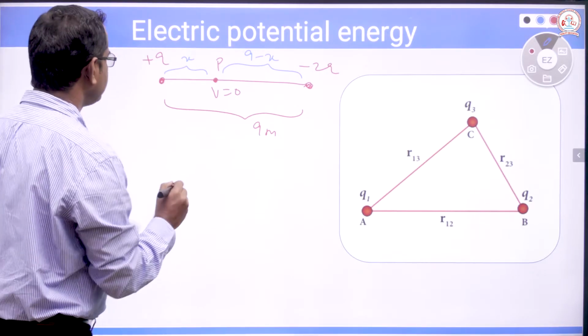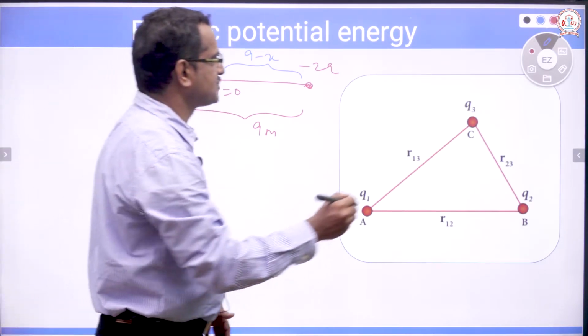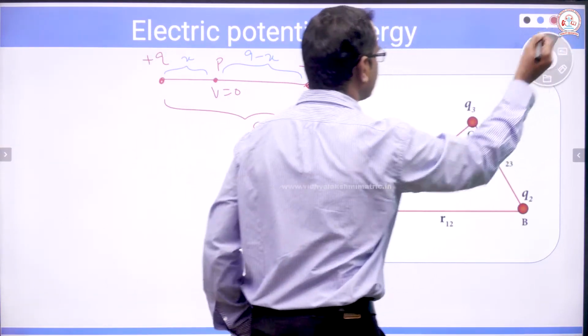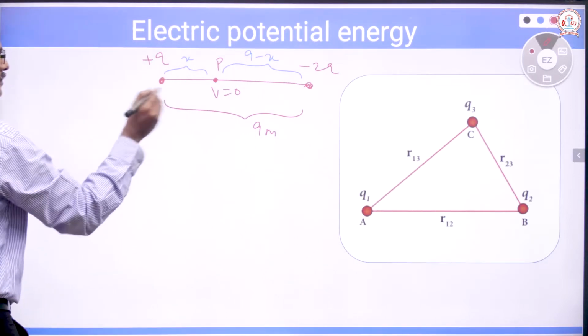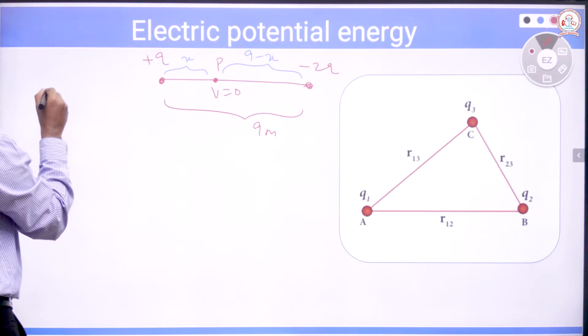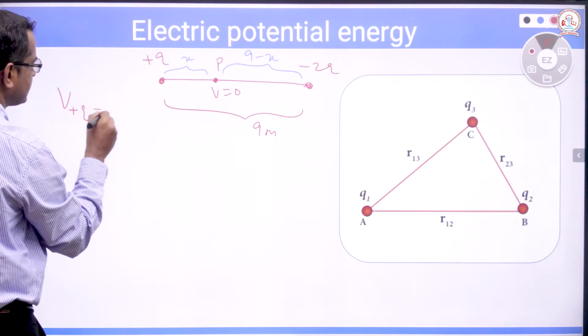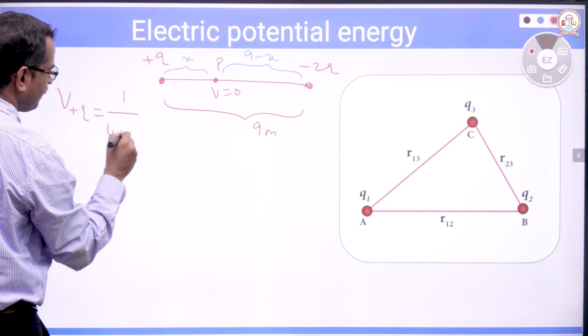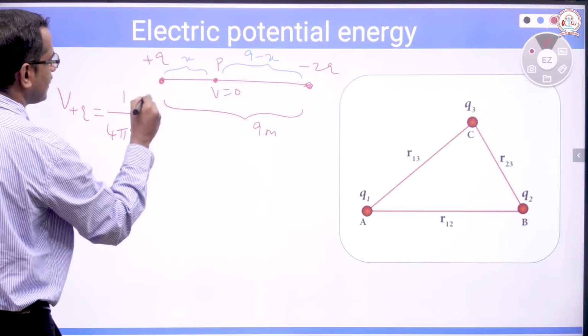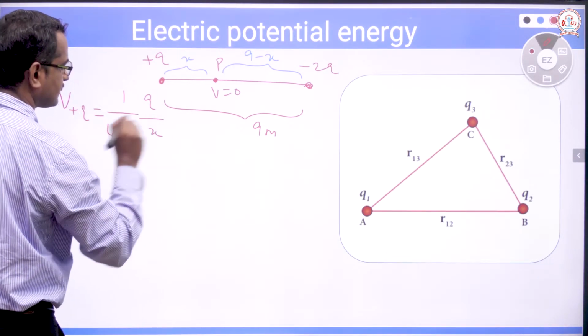Now the electric potential at the point P due to plus Q is equal to 1 divided by 4 pi epsilon naught, the charge is Q here, the distance is x.